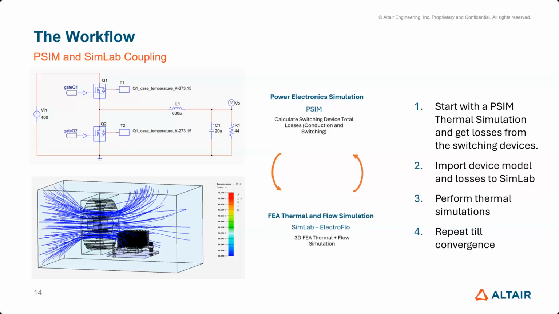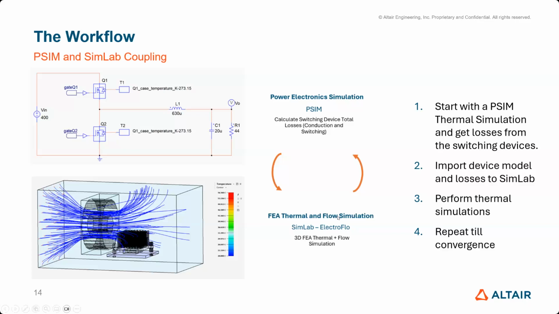We can assign those losses and those models to the bodies inside SimLab, perform a thermal, or thermal and flow, simulation, and then we just need to keep exchanging results between these two. Because, of course, given a power loss, we'll get to a case temperature inside SimLab, right?